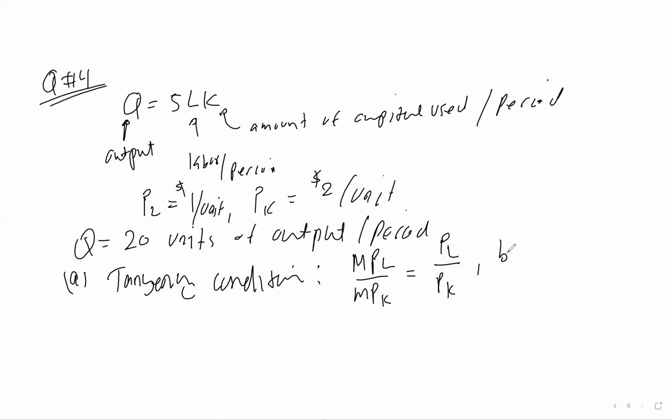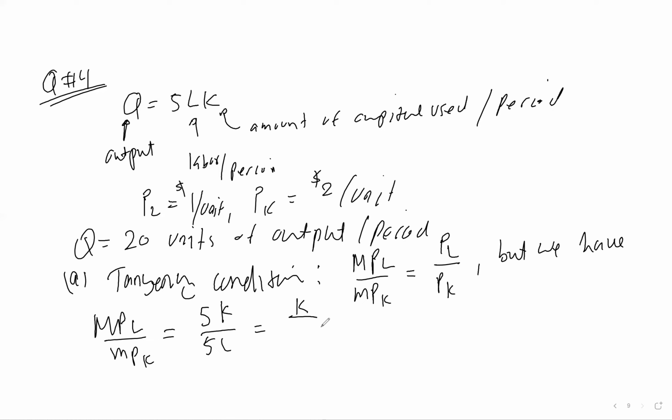But we also have that the marginal product of labor over the marginal product of capital is equal to 5 units of K over 5 units of L. And that is equal to the proportion of K over L, capital over labor.